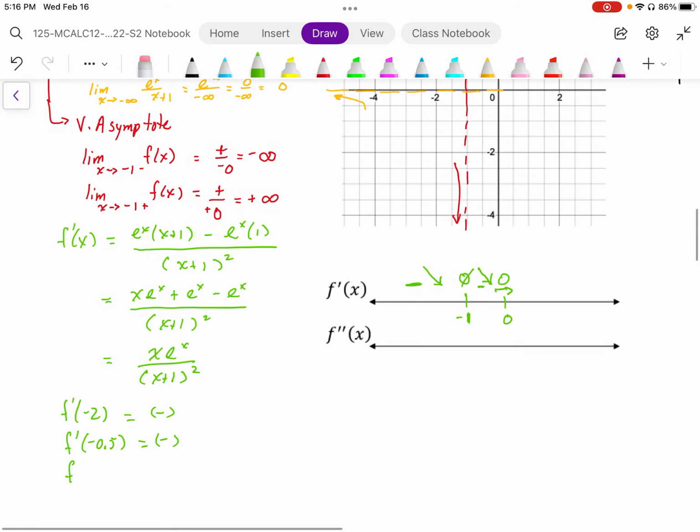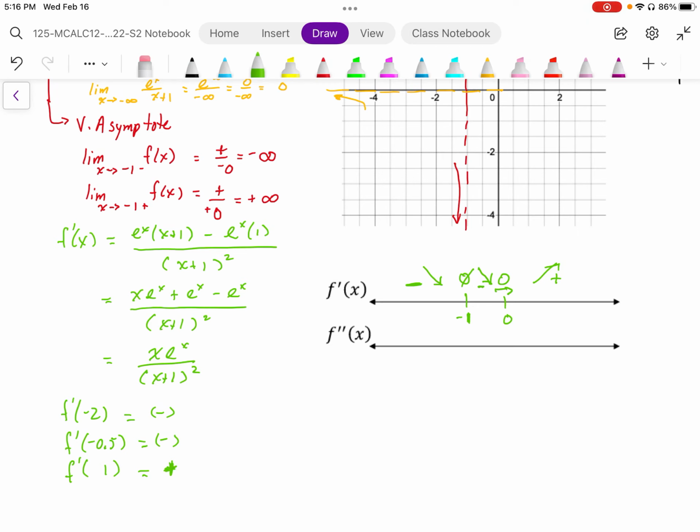Then I just need to make sure I check the slope on the other side. So I'm going to check the slope at +1. At +1, we get positive, positive, positive. So that's going to give me a positive slope. I can plug in the number and actually work out the value, but really I just need to know if that value ends up being positive or negative.